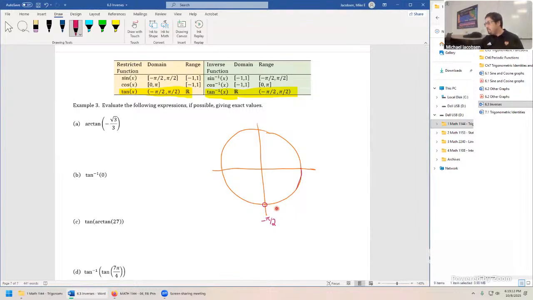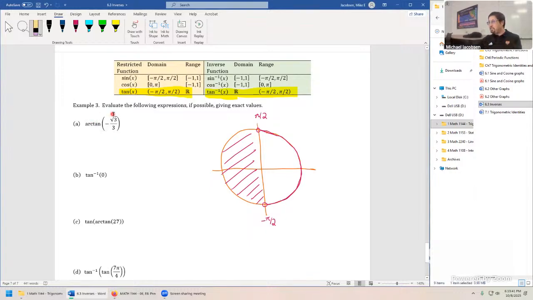So all of this stuff is fair game for the domain of the restricted tangent function. Then if we rotate in the clockwise direction, we can only go as far as positive pi over 2. So all these are potential answers for arctangent or tangent inverse, and nothing else. Everything else there is a restricted angle.